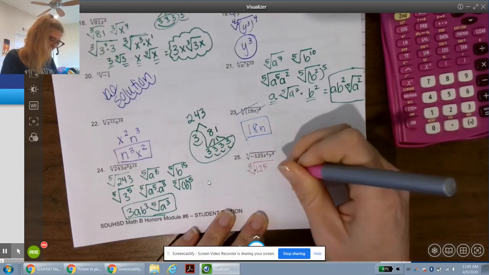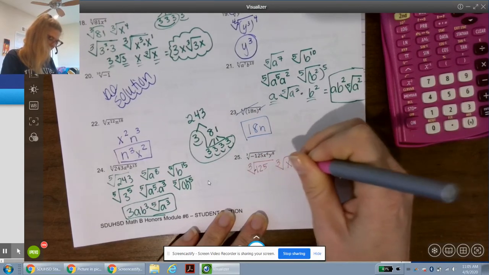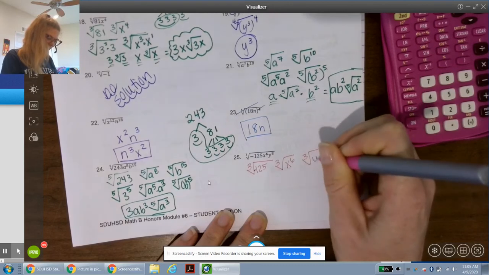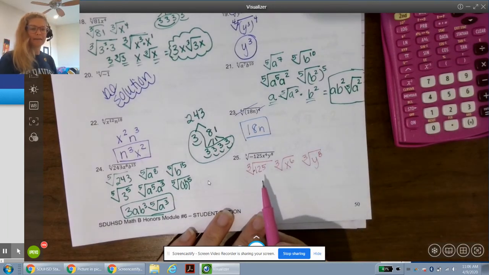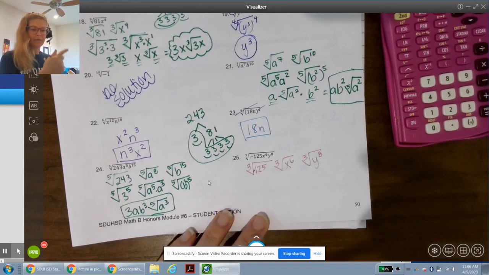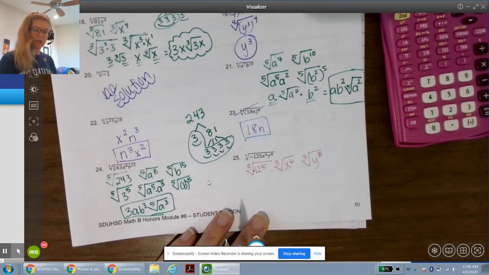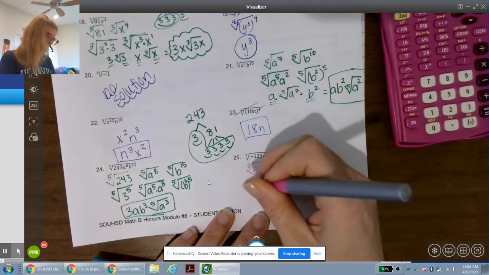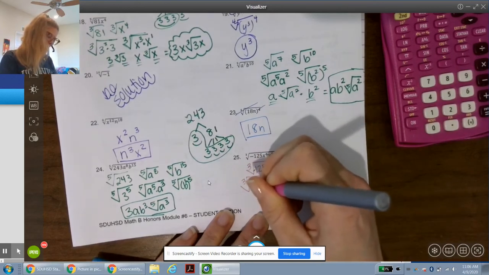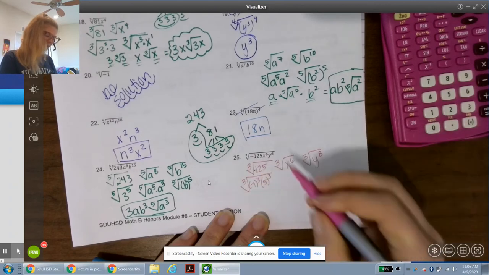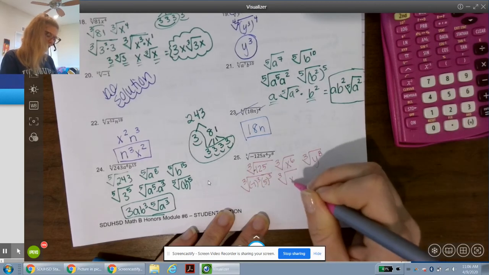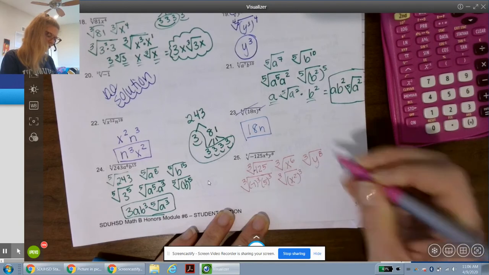Cube root of x to the 6th and cube root of y to the 8th. Well, maybe you remember that 5 times 5 times 5, or 5 cubed, is 125. So you can also think about this as cube root of negative 1 cubed times 5 cubed. Cube root x to the 2nd to the 3rd.